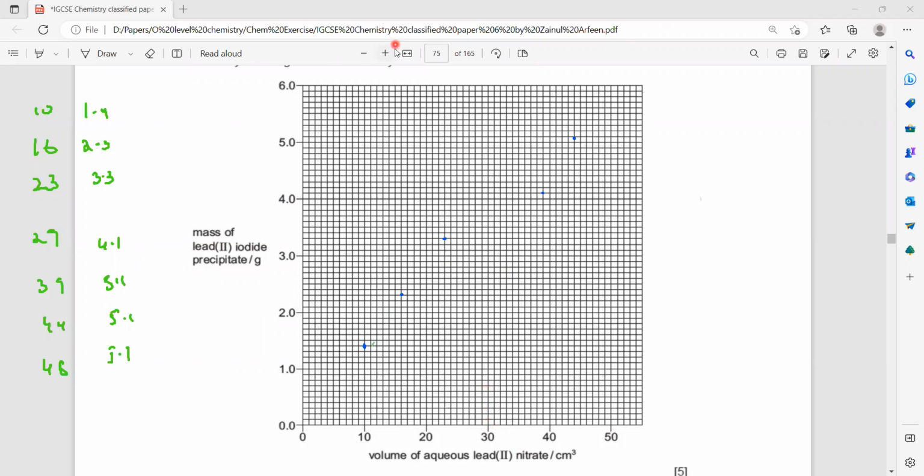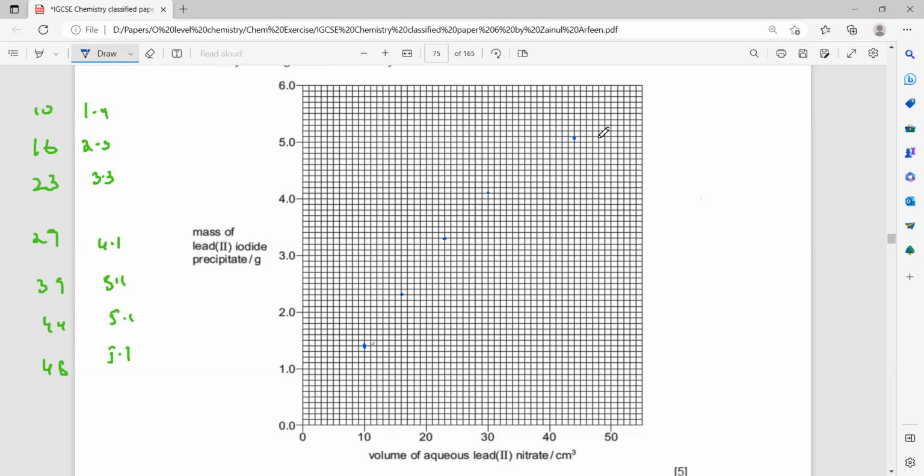That's why this point appeared to be inaccurate. Then we have 44 and 5.1, and then 48 and 5.1.